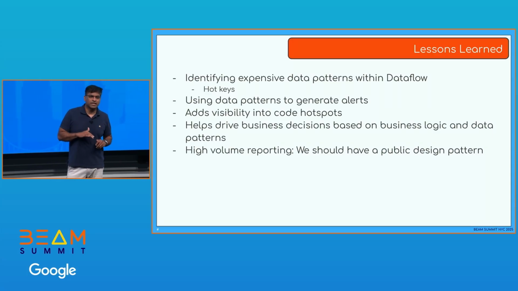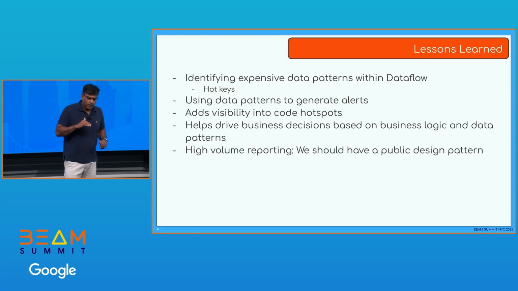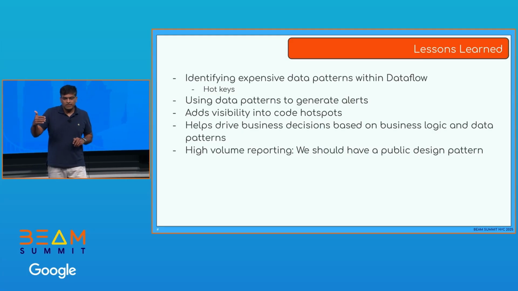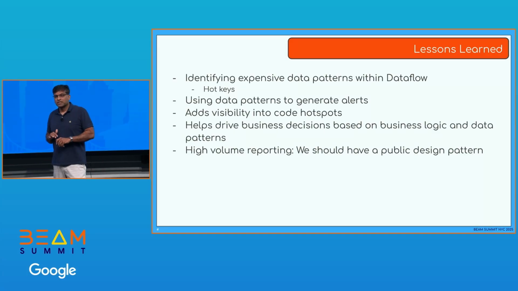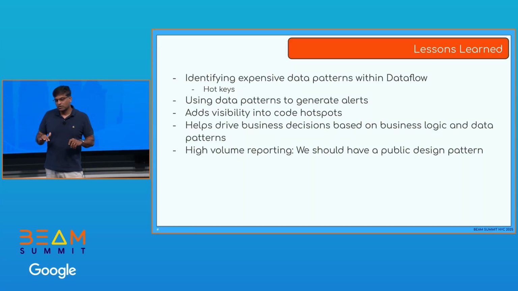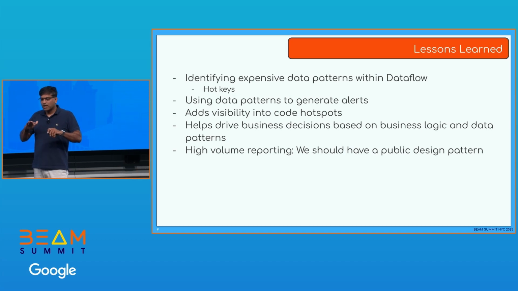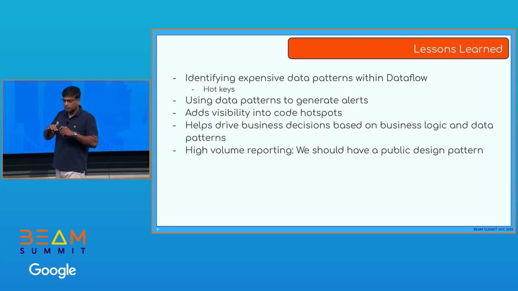But usually that is at a very later stage. The whole pipeline has already stalled. So we are looking into improvements to see how we can detect these hotkeys. And I think we had a discussion earlier today too, to see if there is some enhancement that can be done within Beam or in-house, where we can capture these hotkeys and have them as a feedback and keep the pipeline from stalling.